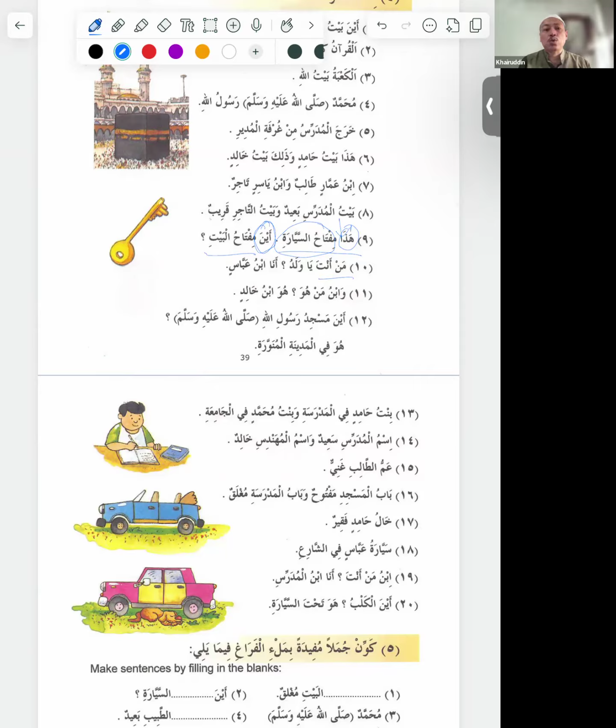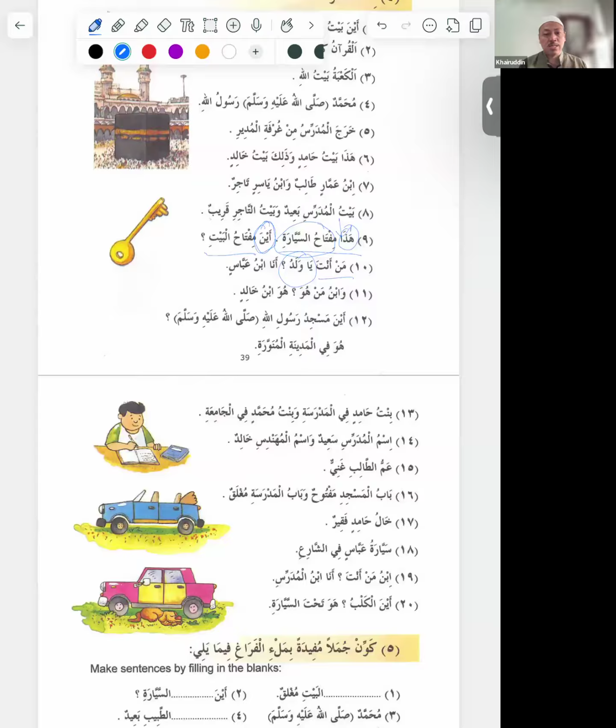So ya waladu, this is a harful nida. Nida means to call out. This is a harf that you put in front of a noun, an isim, when you want to call out to someone. And here he's calling out to a boy who he doesn't know.